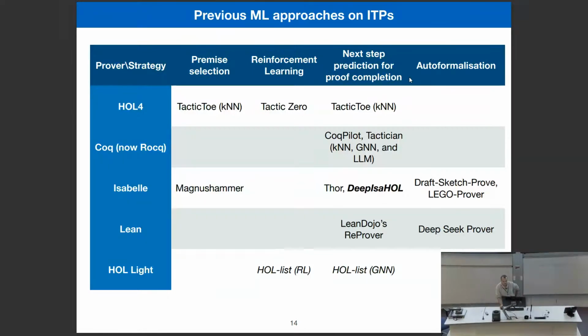There are many more that have been tried. This is not a full analysis of all the literature, but we have premise selection, reinforcement learning, next step prediction, and auto-formalization. And since here we are focused on Isabelle, we want to complete this row.